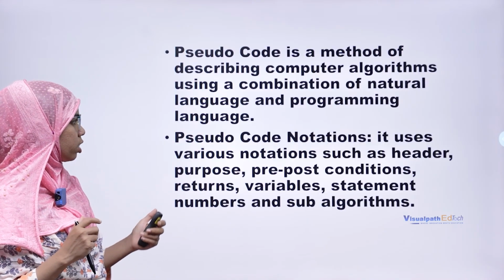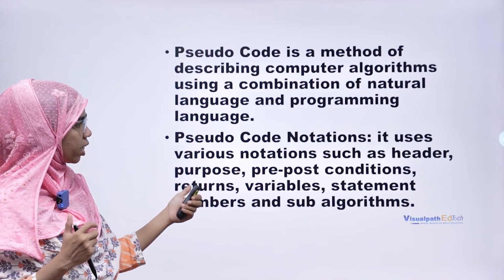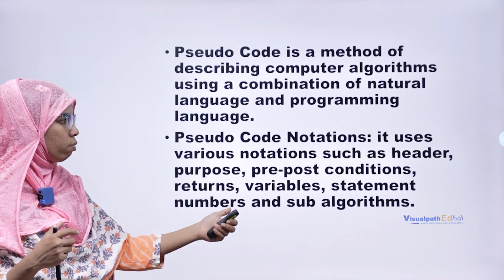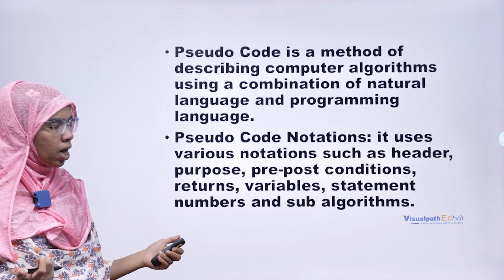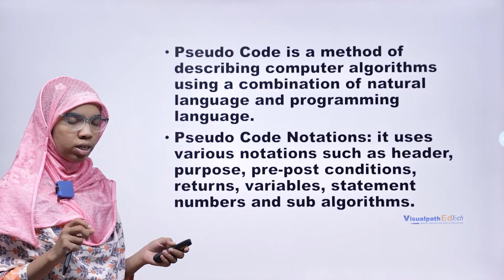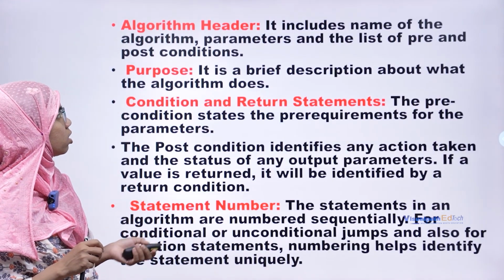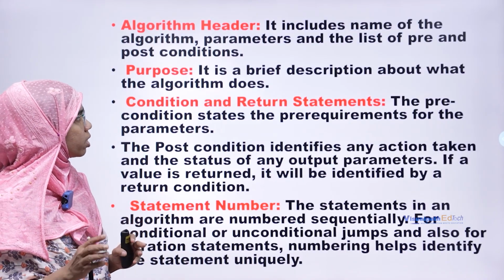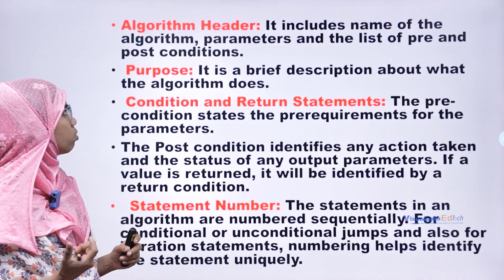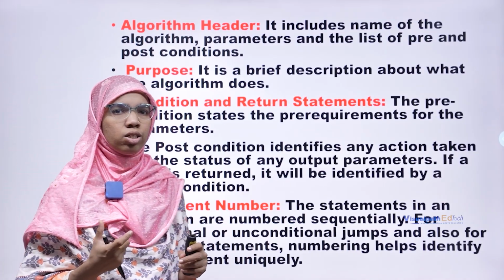Pseudocode uses various notations like the header, purpose, pre and post conditions, return statements, variables, statements, and the sub-algorithms. So these are the various notations of your pseudocode. Let us see each one of them. Algorithm header: it includes the name of the algorithm, the parameters, or the list of pre and post conditions.